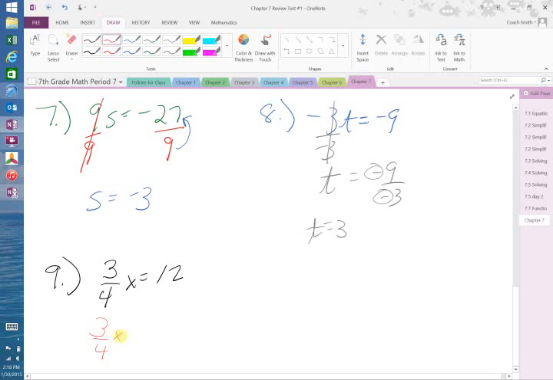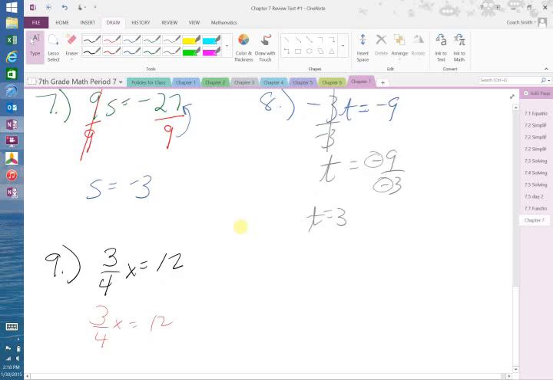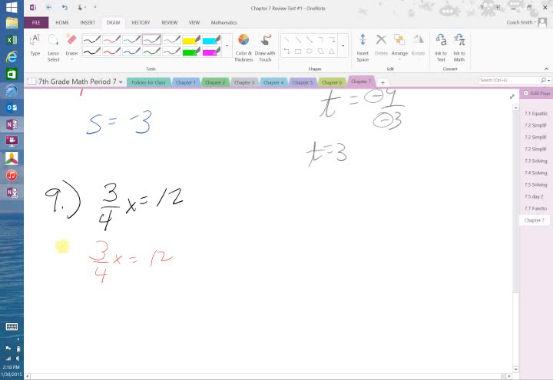So I have 3/4 x equal 12, and here's what I do. I multiply by 4/3 on the left side and on the right side. Anytime you have a fraction in front of a variable, you do divide, but once you get down to the final few steps, it's multiplication by the reciprocal.